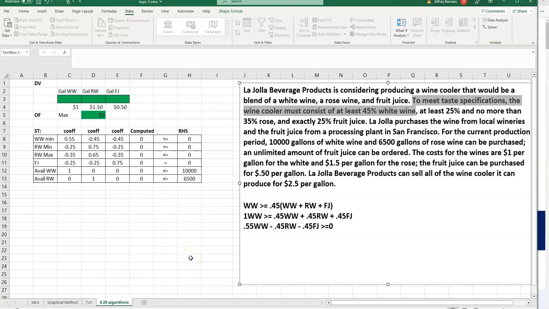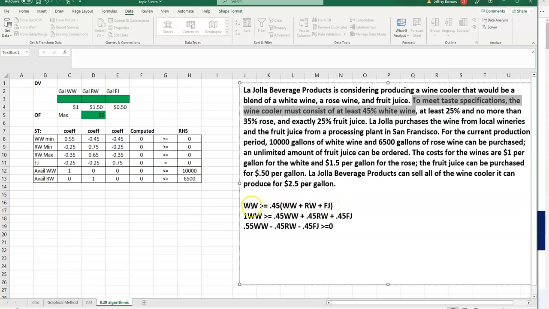Algebraically, the total amount of white wine must be at least 45% of the mixture. That's exactly what the right side of this inequality is saying. If I take 45% and multiply it times white, rose, and fruit added together, that's the total mixture. So this will satisfy the constraint that the amount of white must be at least 45% of the total.